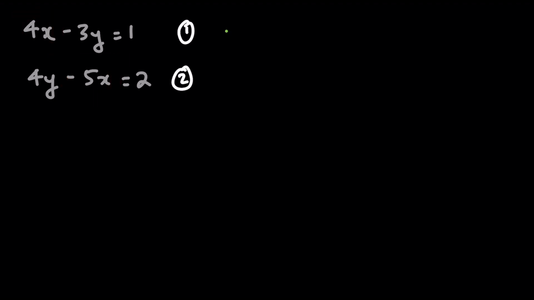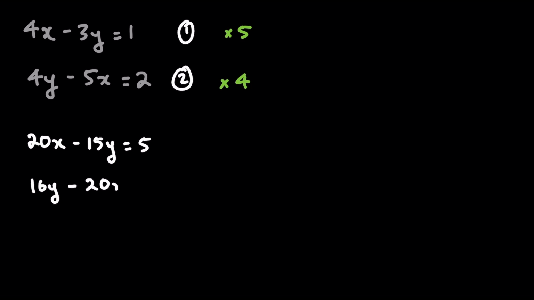The way I do that is I times this equation by 5 and this equation by 4. So for the first equation, I'll have 20x minus 15y equals 5. And for the second one, I'll have 16y minus 20x equals 8. So this is my 1 prime, this is my 2 prime.